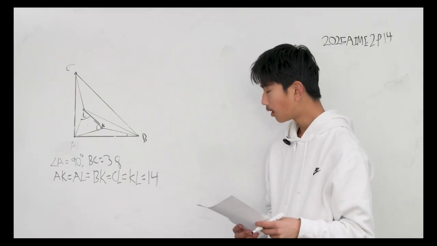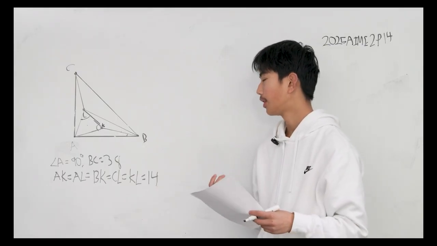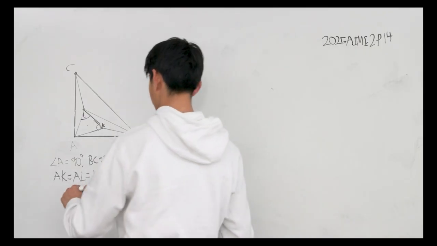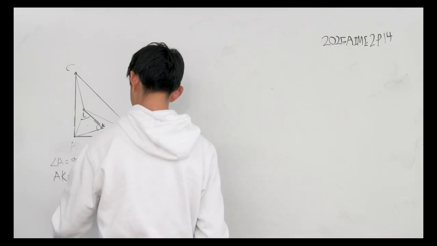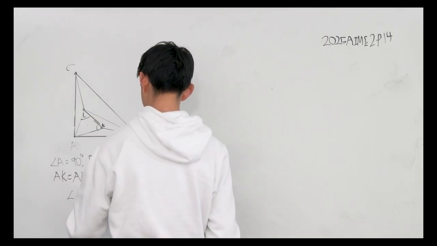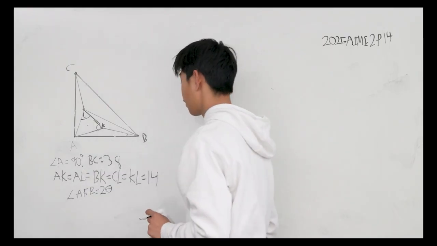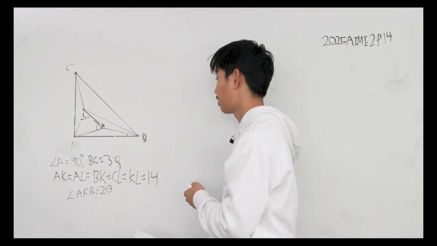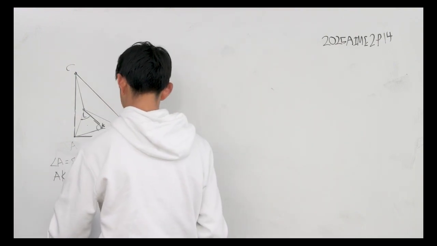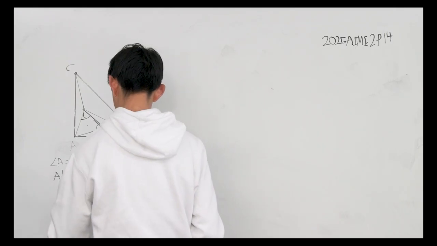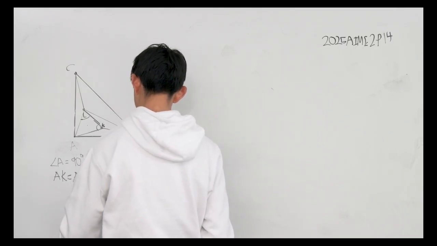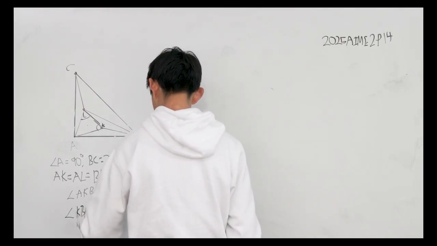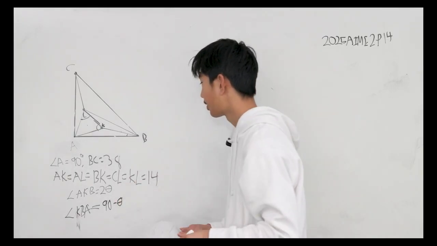What we can observe is that if we let angle AKB be 2 times theta, this makes it a lot simpler. If it's 2 theta, then angle KBA must measure 90 minus theta degrees.